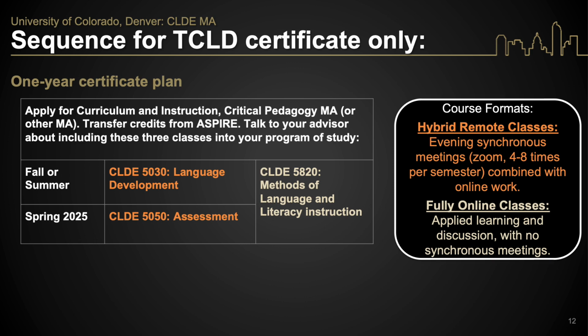You could do it as just one full year of study, or you could sort of break it up within your program. And this would also be a mix of hybrid remote classes and fully online classes. So feel free to reach out with questions about what your individual program of study might look like. But again, you'd be meeting to try to create a program of study that works for you.